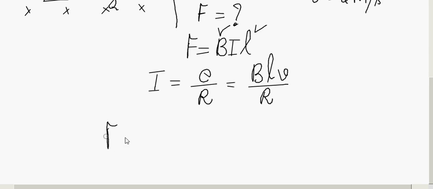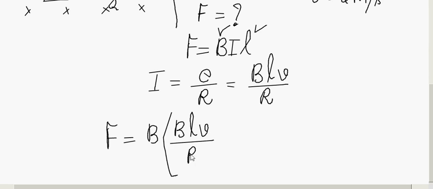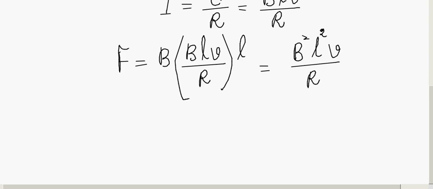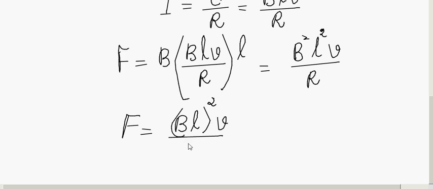Therefore F is equal to B into BLV divided by R into L, or this will become B square L square V divided by R. In simple, you can write the force required as BL whole square into V divided by R.